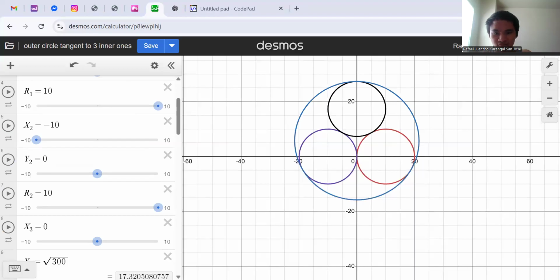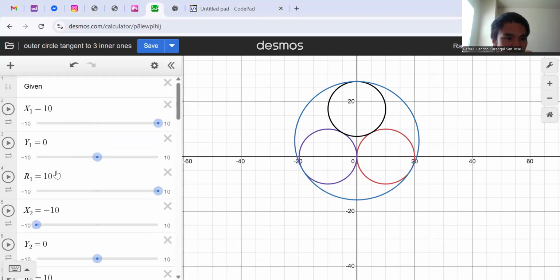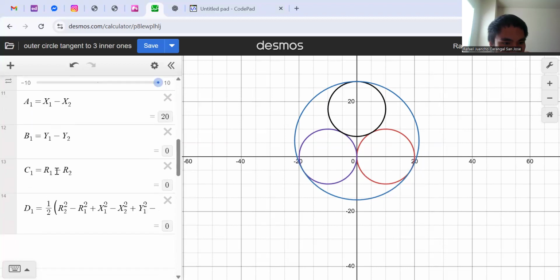Okay, so my y of r in this case is, what was it?